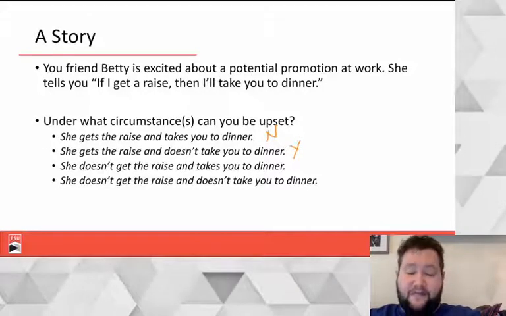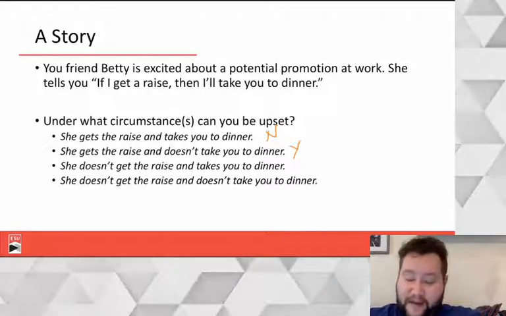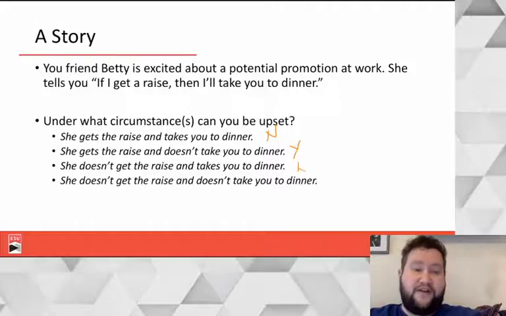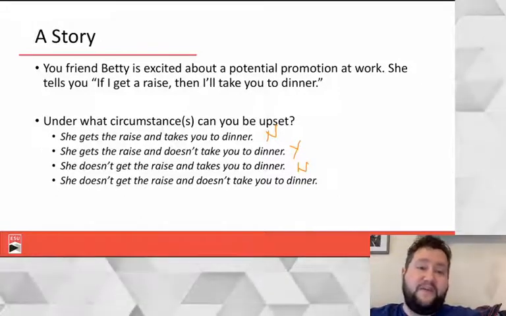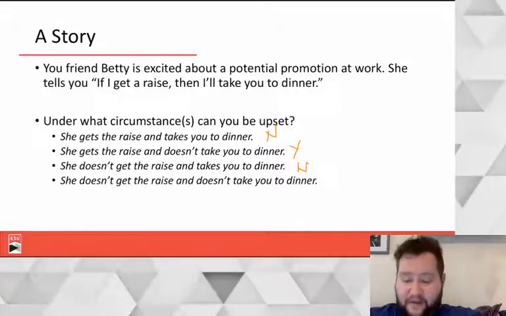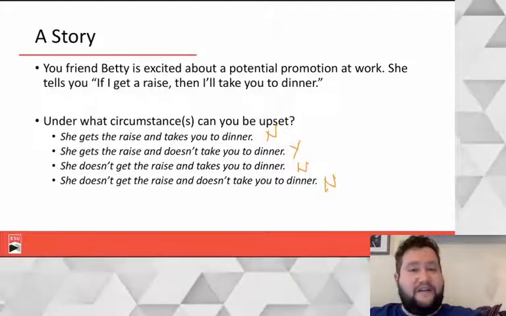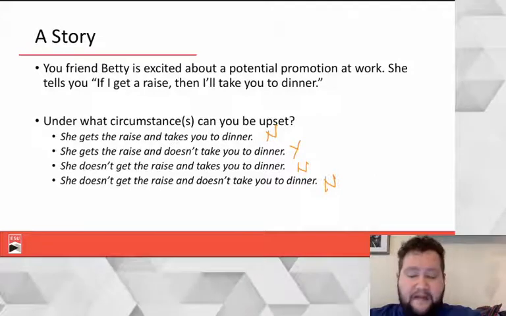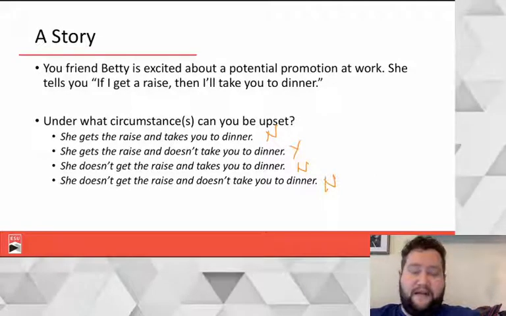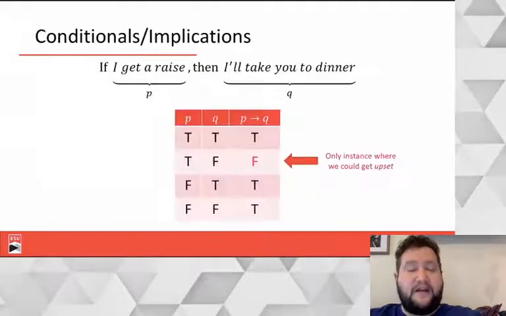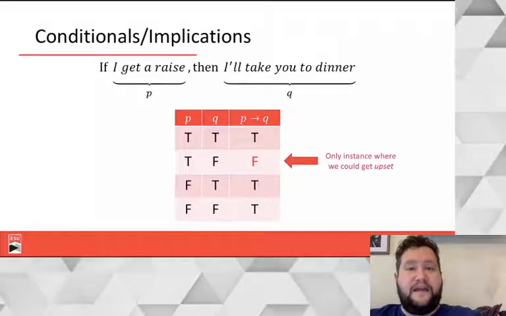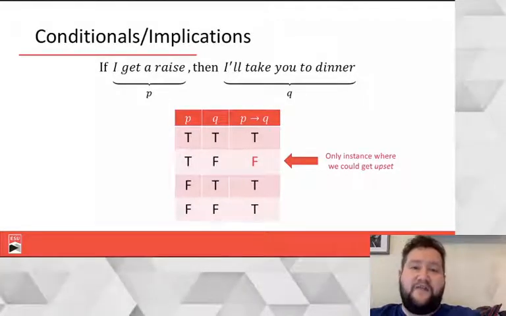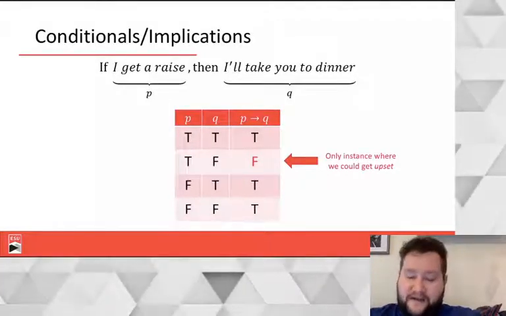Now, if she doesn't get the raise and takes you to dinner, well, Betty's a really good friend, and you need to hang on to her. If she doesn't get the raise and doesn't take you to dinner, well, you can't be upset then either, because she didn't say anything about if she didn't get a raise. And so I use this story to illustrate our conditional. It says, if I get a raise, then I'll take you to dinner.